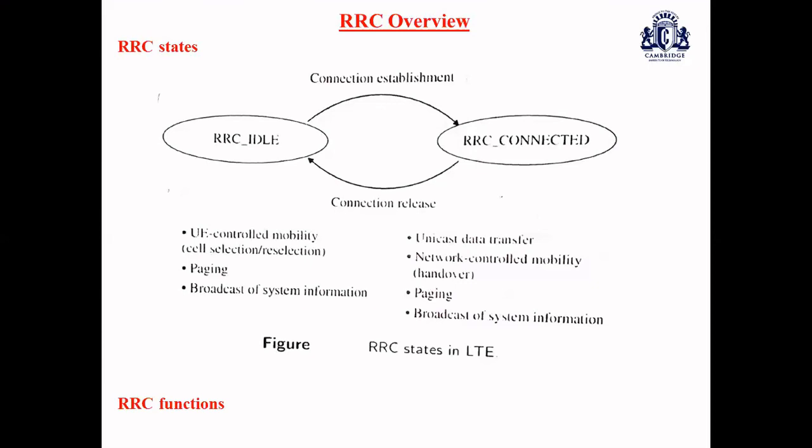Even measurement configuration and reporting, including your intra as well as inter frequency that are deployed, as well as mobility with respect to inter-RAT mobility, are also a part of functions of your RRC with respect to radio resource control. That's about the MAC as well as RRC overview.